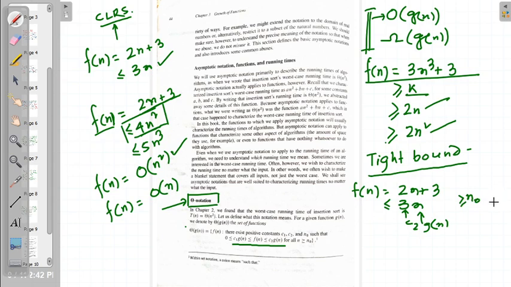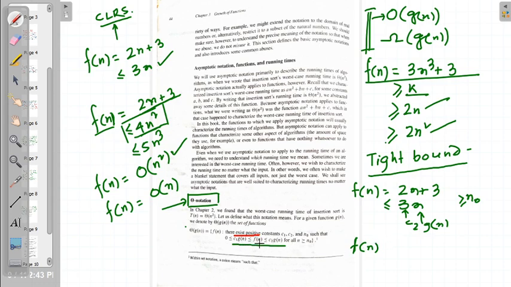We have already seen, right? So this condition getting satisfied, f(n) less than or equal to C2 of g(n). And also another condition is to be satisfied, C1 g(n) less than or equal to f(n).